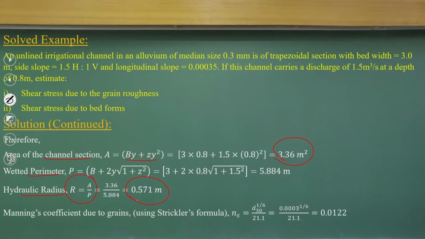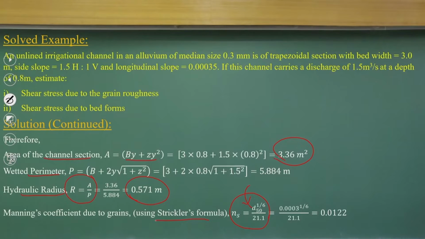Next, for grain roughness we have an established empirical relationship between the Manning's n value, the roughness coefficient, and D50. That is called the Strickler formula.